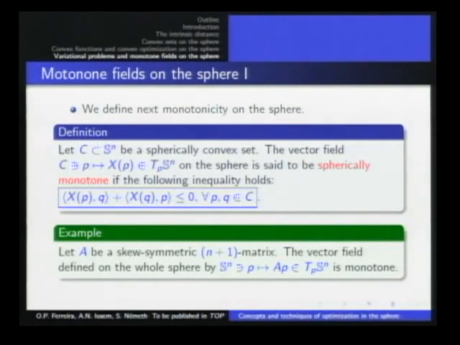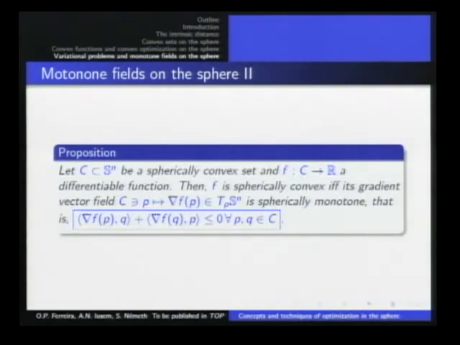For example, if you take a skew-symmetric (n+1) matrix A, then the vector field taking p to A p is monotone. Then you prove that a function is spherically convex if and only if its gradient, its differential, is spherically monotone.